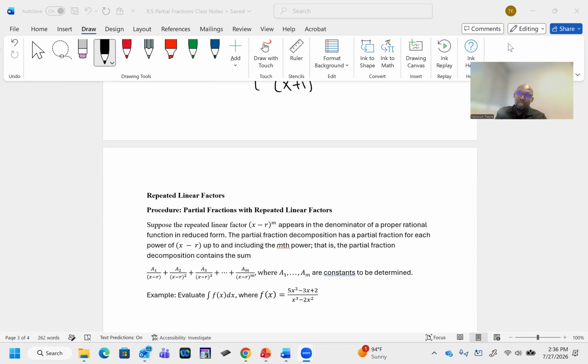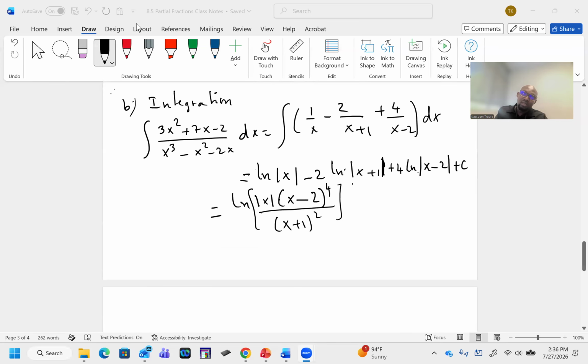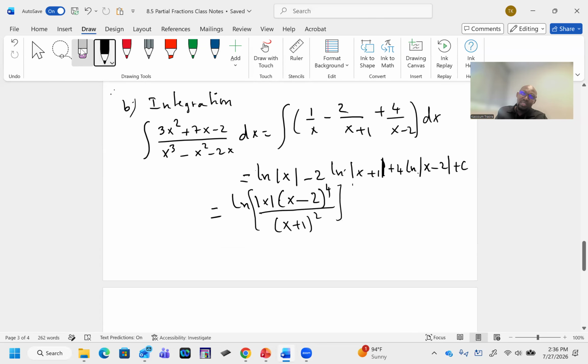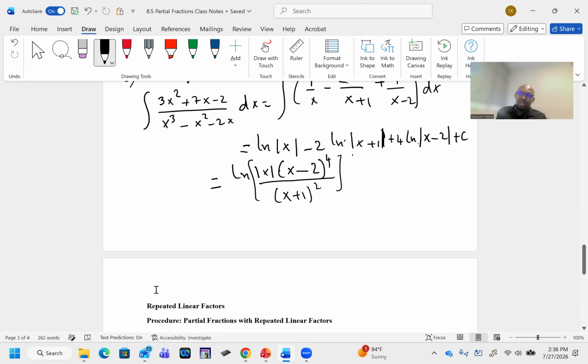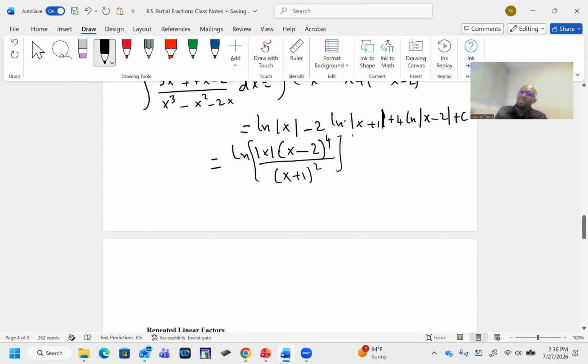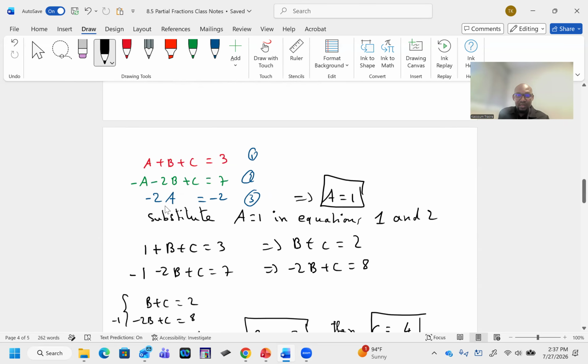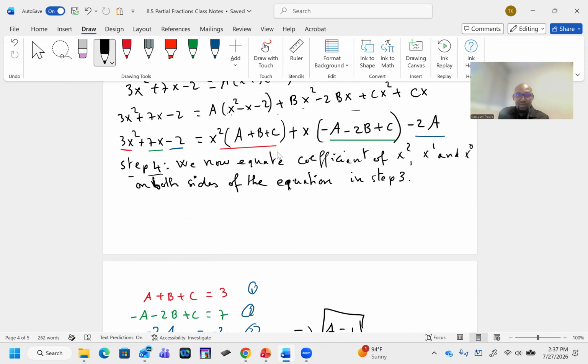I said I will show you the shortcut to find your A, B, C without doing the system of linear equations.